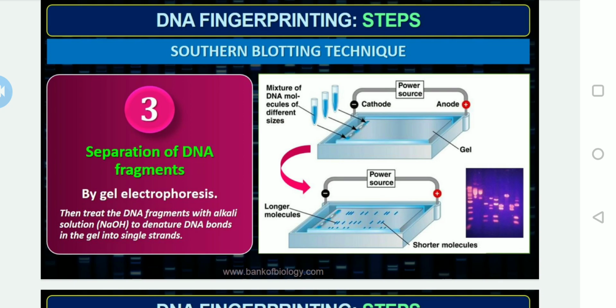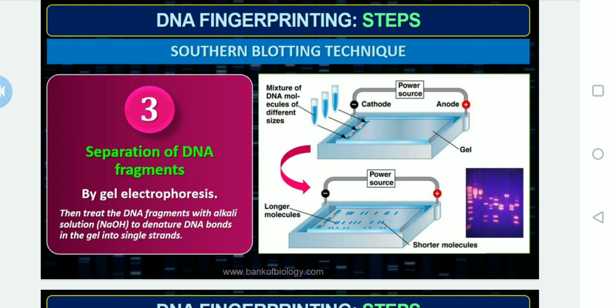The separation of the DNA fragments. What will they do during this step? After the extraction of DNA, the DNA fragments are allowed to separate on agarose gel electrophoresis. The DNA fragments are separated on the gel plate according to their density gradient, where heavier DNA strands settle at the bottom of the gel plate and lighter fragments towards the top.